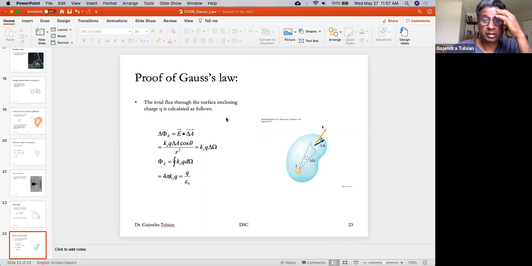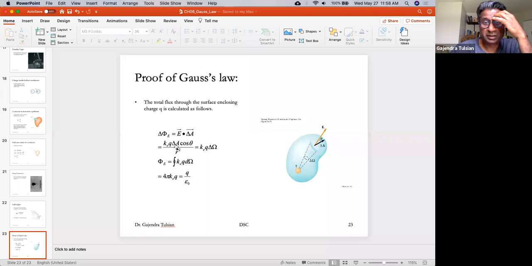Right. So here's Gauss's law. If you have a charge inside, okay, so the flux through this area is the electric field dotted with the area vector. What is the electric field? The electric field is KQ divided by R squared. Okay, and dotted with the area vector gives you the area vector times cosine theta.